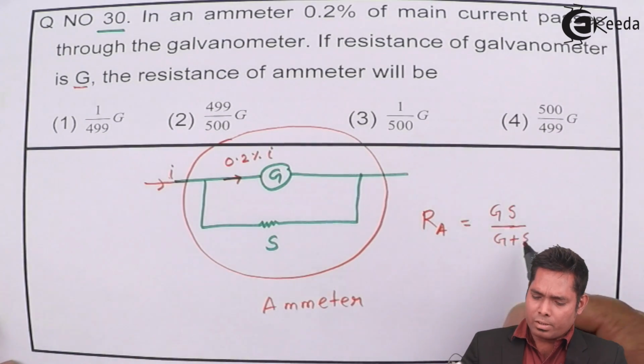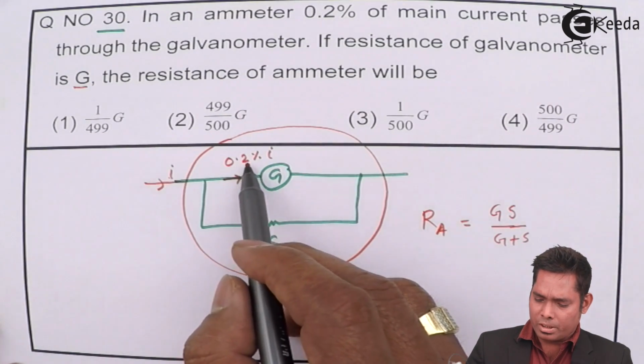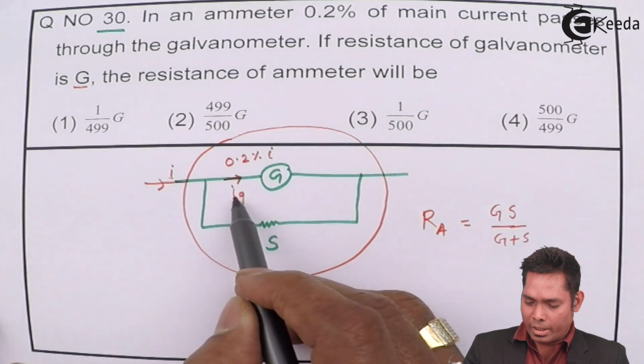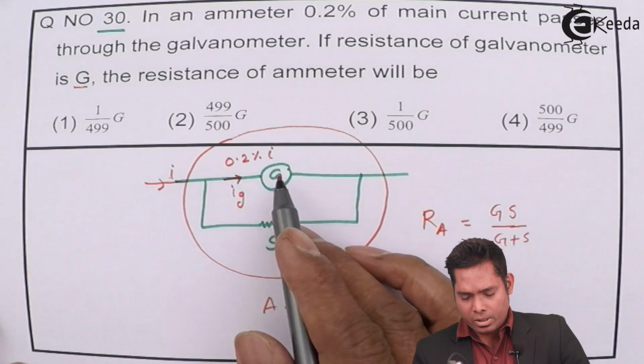To find the value of S, one piece of information is given: 0.2% of the main current is passing through the galvanometer.